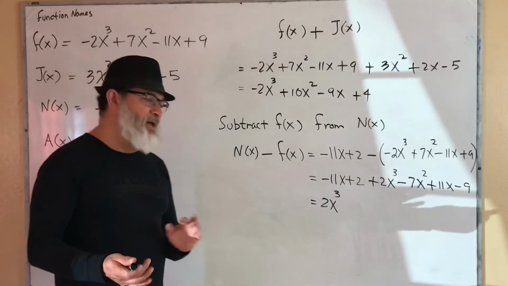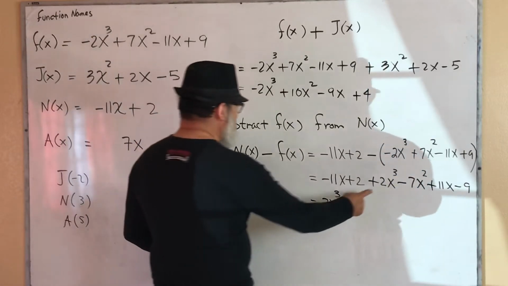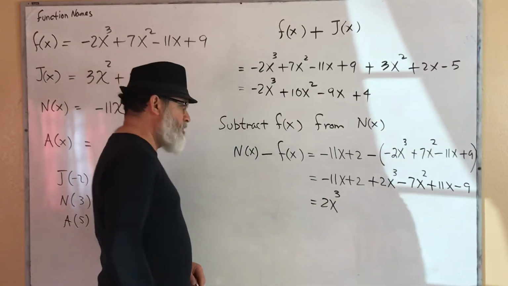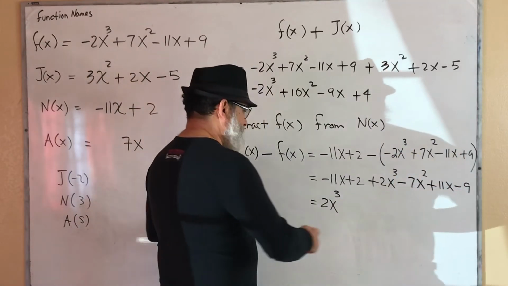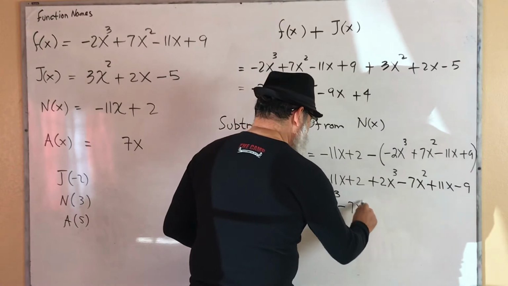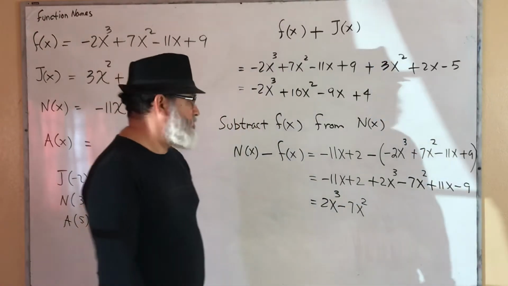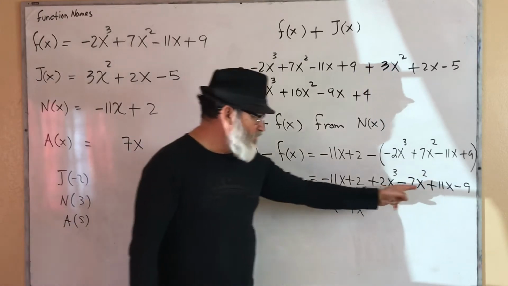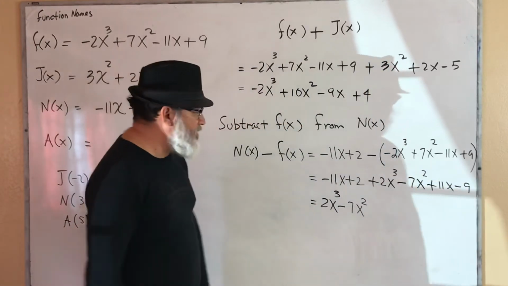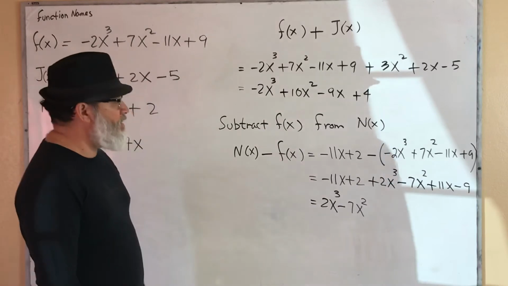Now I'm going to combine like terms, and this goes first. This must go second, the quadratic term, minus 7x squared. Hey, look at this, negative 11x plus 11x, they cancel each other. Nice, I like that.